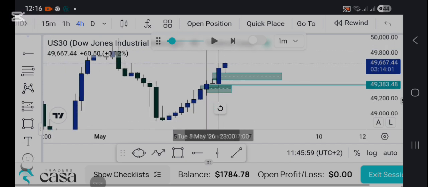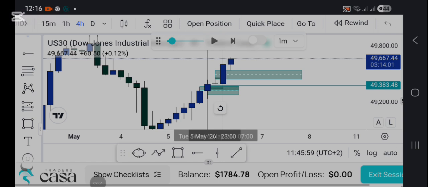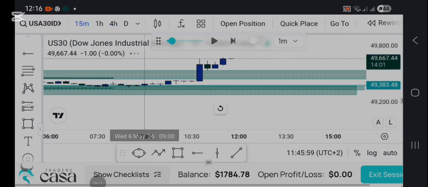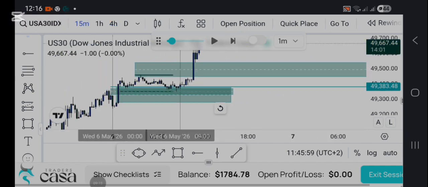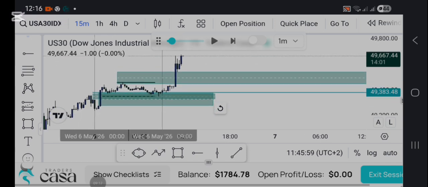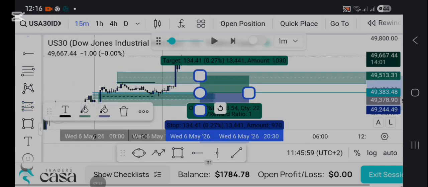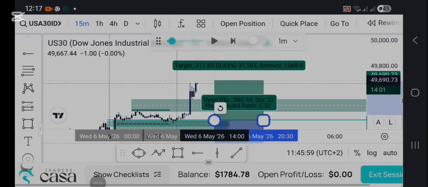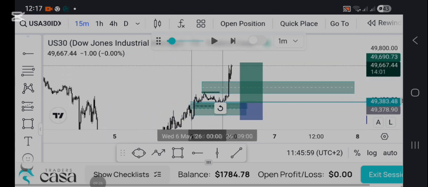Okay, so we are looking for buys, right? So this is what I would do. Let's go to the 15-minute time frame. So actually I would place a buy right over here, and obviously to the high.